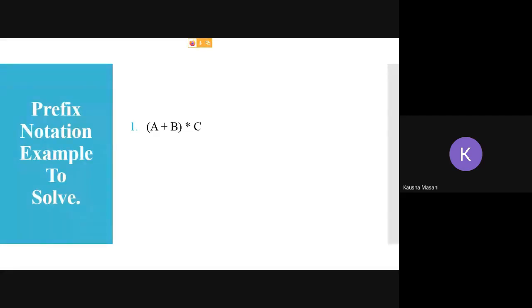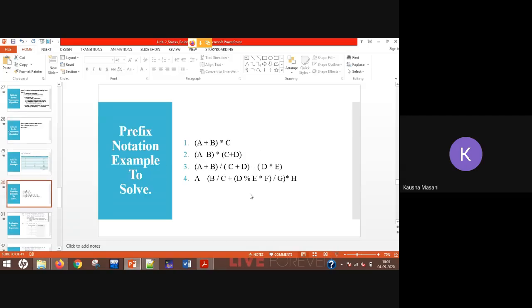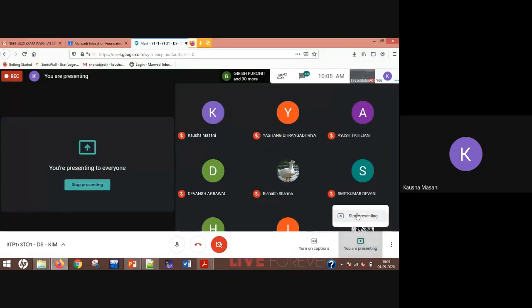You are using your laptop to solve with the help of a table format? Show me your screen. No, I want to see the screen.